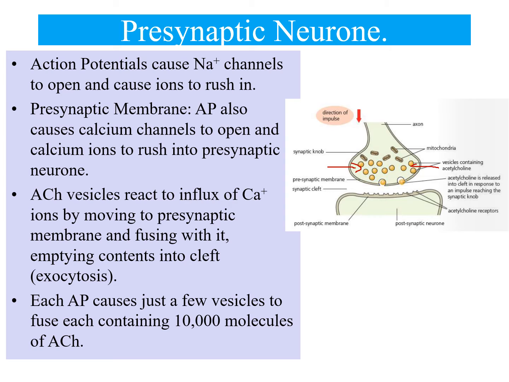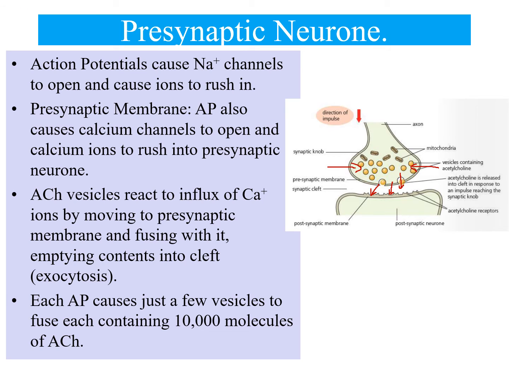That causes the vesicles to fuse with the presynaptic membrane, and as a result that causes exocytosis, where the acetylcholine is released into the synaptic cleft, and that diffuses across and binds to receptor sites in the postsynaptic membrane.